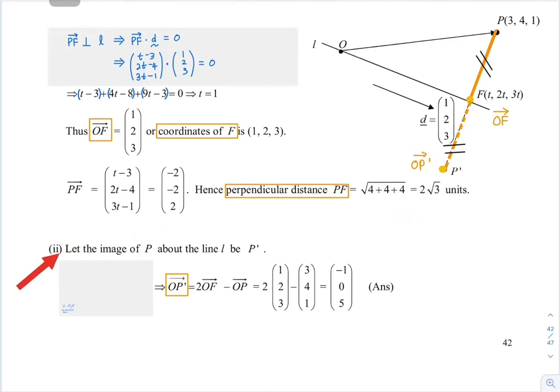Now in the last part, the image of P, as we have shown before, is P prime. How do we actually obtain P prime? Here is where we apply the ratio theorem. Because we know the point F already and we know this point P, we can use the ratio theorem. In this case, the ratio is 1:1.